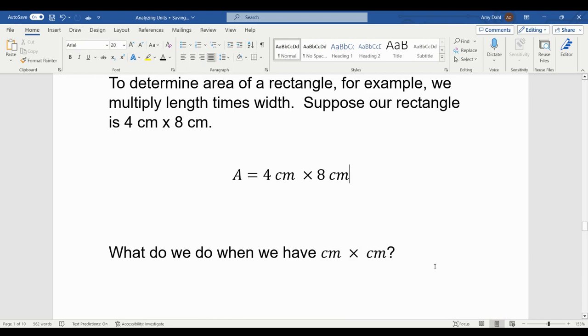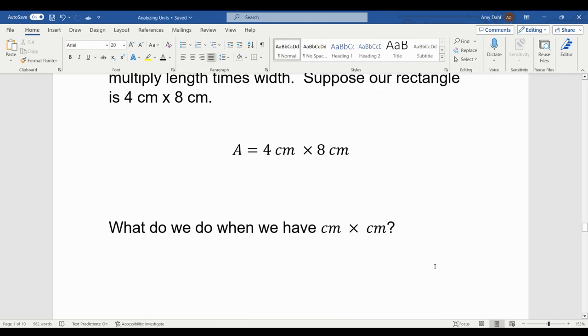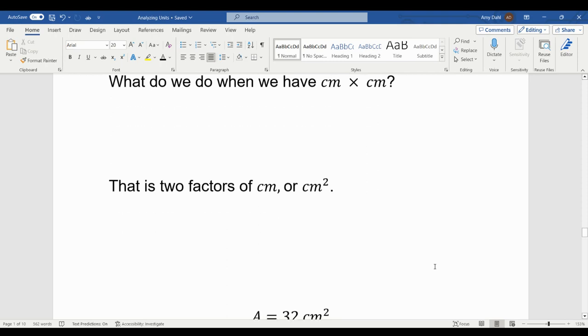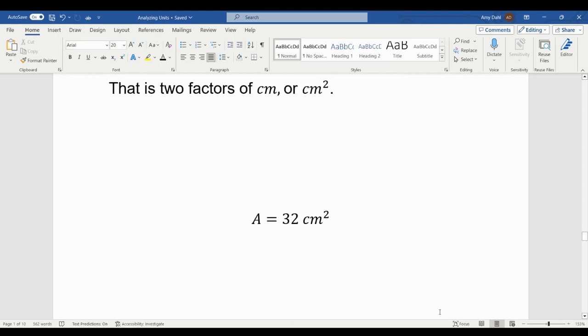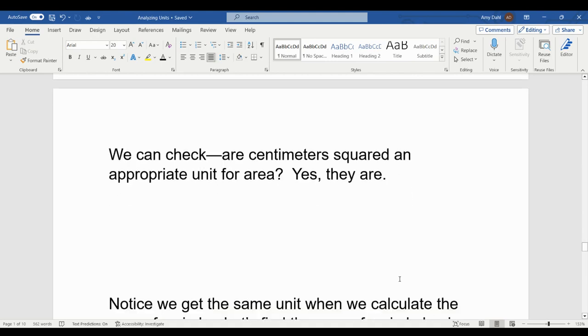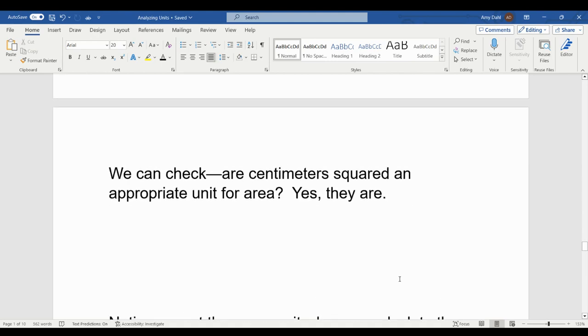These are both basically numerators, right? Well, that's 2 factors of centimeters. That's centimeters squared. 3 times 3 is 3 squared. 2 times 2 is 2 squared. Centimeters times centimeters is centimeters squared. So A is equal to 32 centimeters squared. We can check. Are centimeters squared the appropriate unit for area?